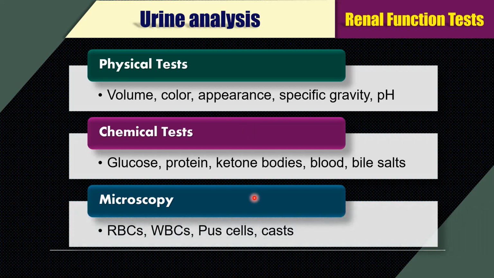Under microscopy, we can assess the presence of red blood cells, white blood cells, pus cells, different types of casts and crystals. All these urine analysis parameters will give a clue about the diagnosis of various renal disorders. This video is just an overview or introduction about different classifications. In the coming video, I will discuss all these parameters in detail.